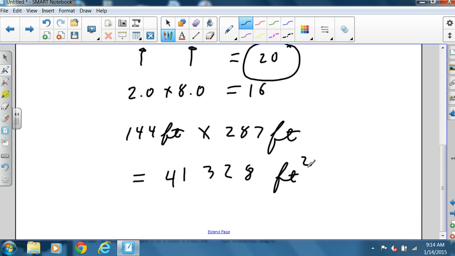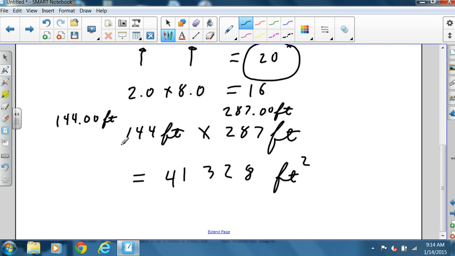But I don't really know that, because I don't know that this is 144.00 feet. I didn't measure it that close. I don't know that this is 287.00 feet. If I had precision equipment and knew it that close, then I could keep the 5 significant digits and I'd be okay.